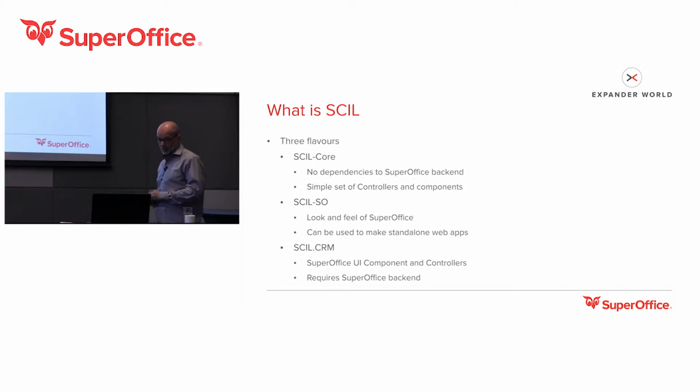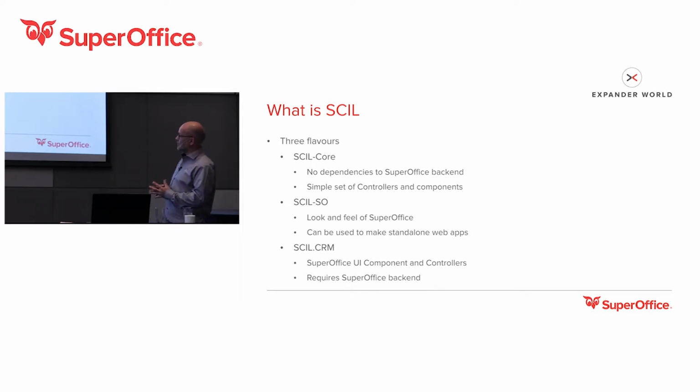We currently are in the process of splitting up SCIL. Like we just made it and then we need to split it up. This is because we want you to be able to use SCIL outside our clients. So the goal now is to split it up in 3 parts, 3 flavors.